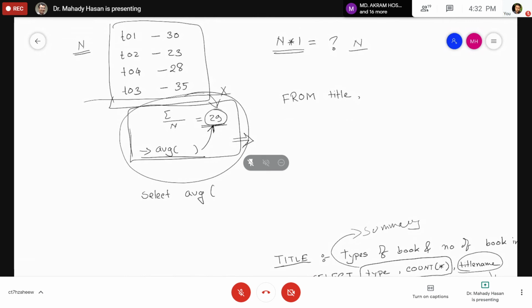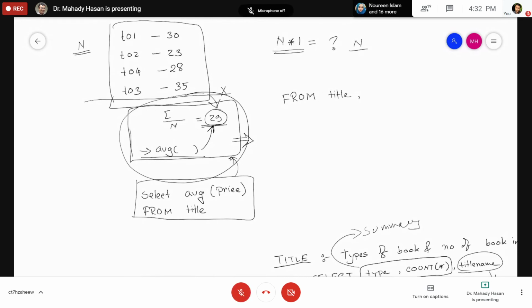AVG, what should I say? The price. Price from title. So if I write this query, I will get this table with one row. Yes, sir. Okay.